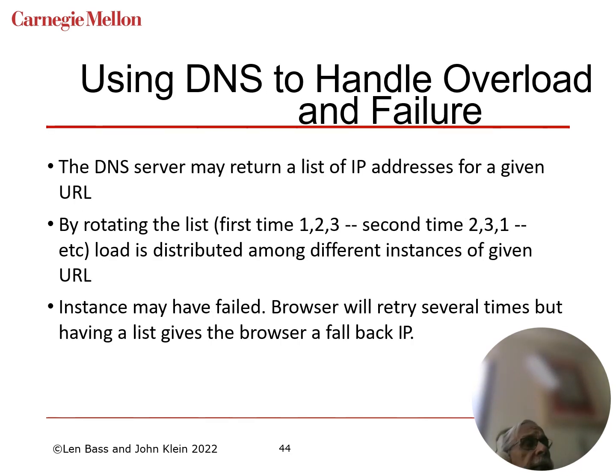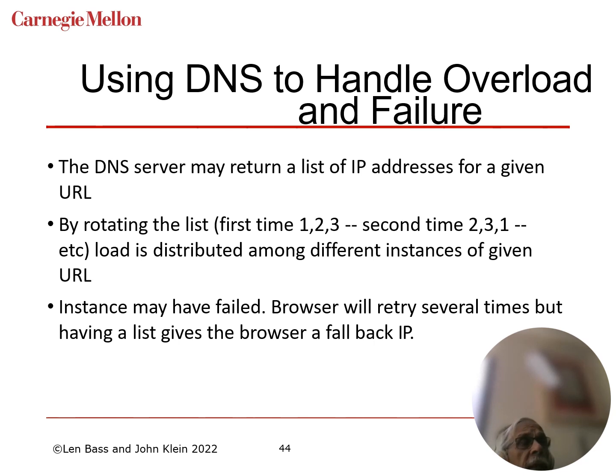Now you can use DNS to handle overload and failures. We'll talk about this later, but failure is sort of endemic in the cloud. You need to worry about it. The servers could fail, and the servers could also get overloaded. The picture that I showed a couple slides ago showed one number coming back. There could be multiple numbers. There could be multiple servers with different IP addresses with the same URL. And then the DNS server can rotate this.